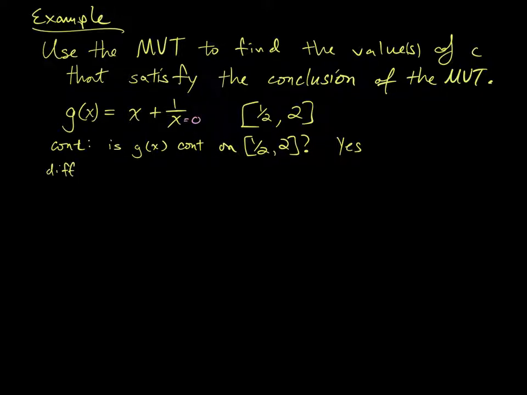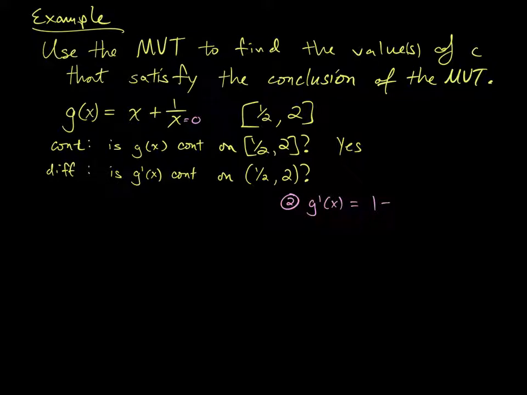For differentiability, is g prime of x continuous on the open interval 1/2 to 2? Well, I'm going to jump just a little bit ahead here. Remember, the second step is to find g prime of x, and that will equal 1 minus 1 over x squared.